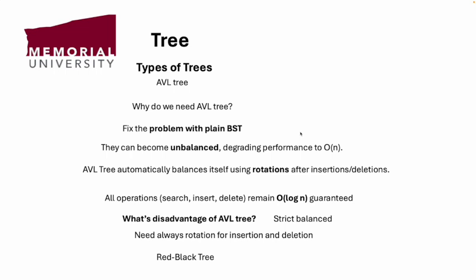So they came up with another tree called the red-black tree. It's not required for this course, but I strongly suggest you learn about it, on YouTube, Wikipedia, or ChatGPT. The reason is that built-in libraries use this, not the AVL tree.